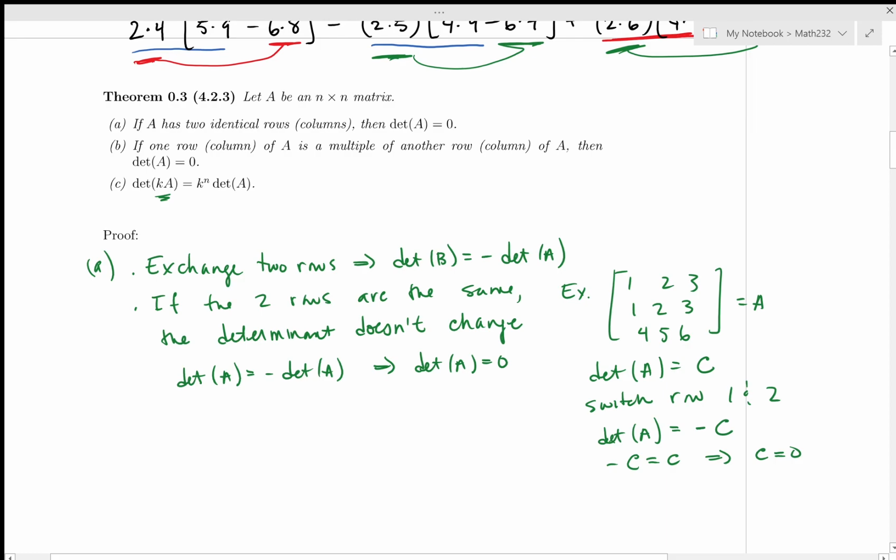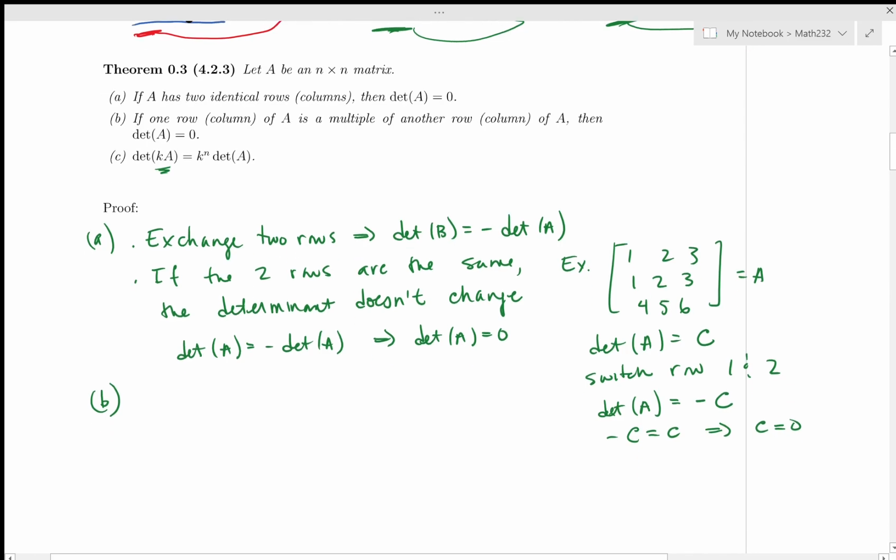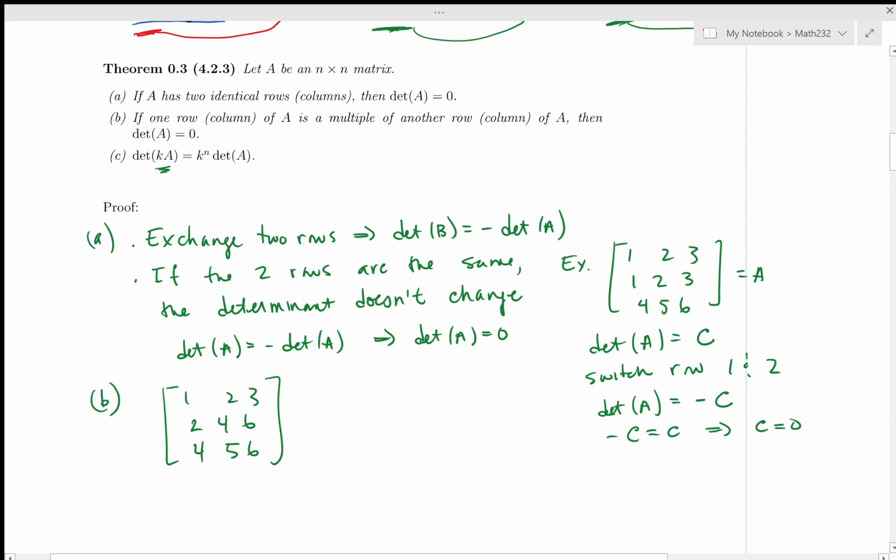Now, if we've got a multiple, one row onto the other, we're just going to use what we did before. Again, I'll put an example here. If I have this matrix where row 2 is a multiple of row 1, twice row 1, then I can factor that out. That means I have multiplied one row by a constant k.